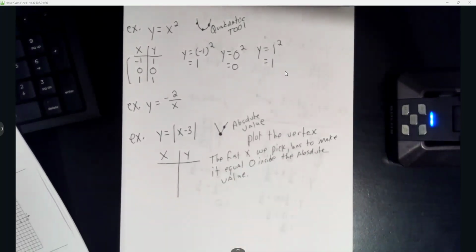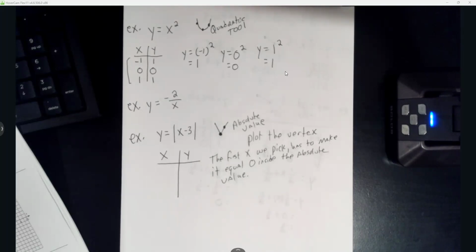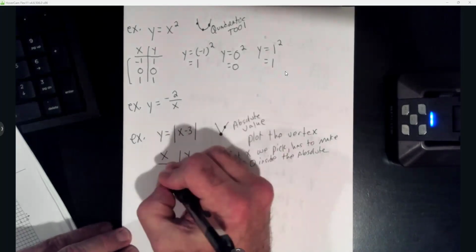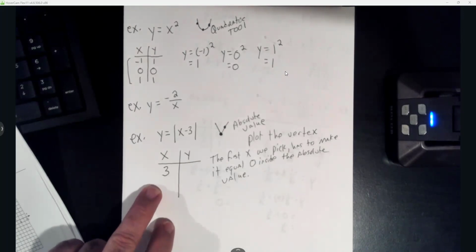So y'all knowing that, what's the first x I'm picking? What is going to make that a 0 inside there? 3. 3, perfect. Right? 3 minus 3 is 0. So y'all, the first x is going to be a 3 there.